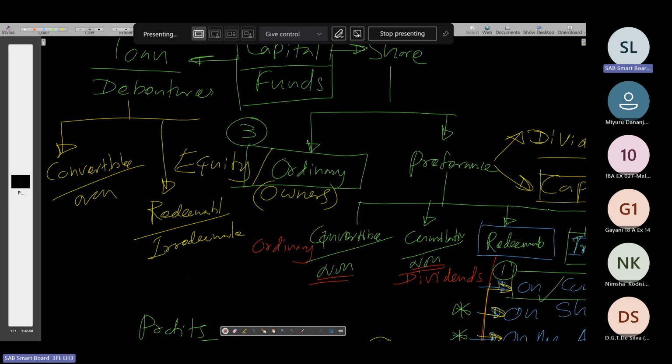So that document is known as a debenture. The company has to settle the interest as well as the capital, that is the amount invested in the company. Convertible means that amount can be converted into ordinary shares. That option is given to the debenture holder. Either he can recover the interest and the capital, or convert that amount into ordinary shares.